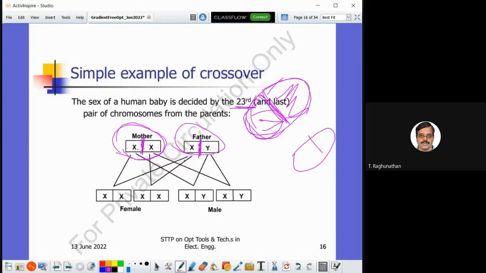So four combinations are possible here. Depending on that, you can have a male or female baby. That is the simplest example.